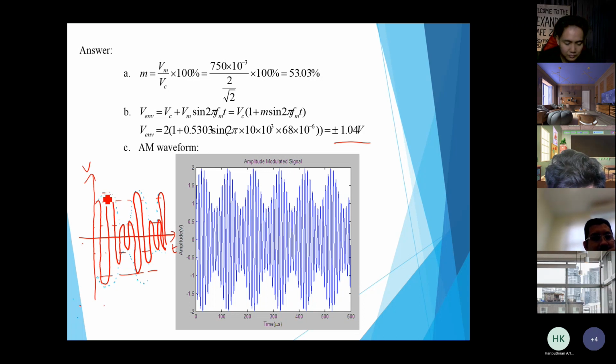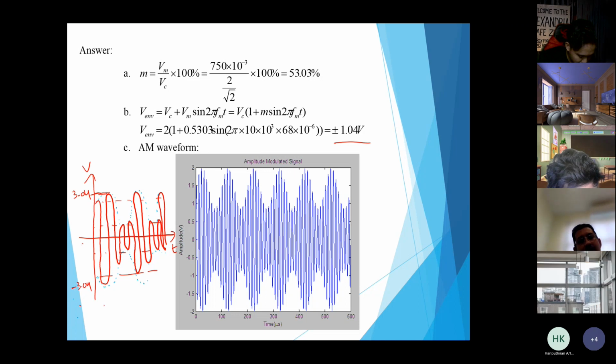Di atas sini adalah nilai maksimum, which is Vmax sama dengan Vc plus Vm. So 2 tambah 1.04, so maknanya di sini adalah 3.04 maksimum. 3.04 the maximum and then the minimum is minus 3.04.